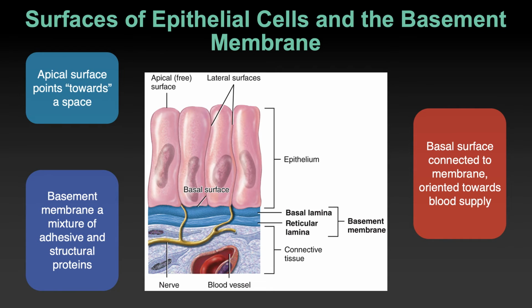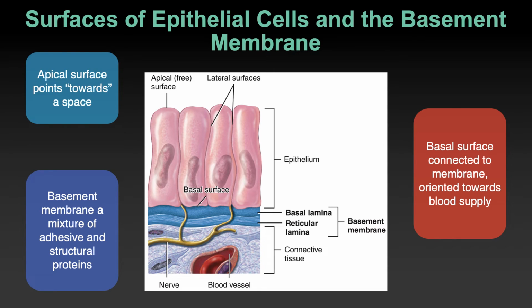And that basement membrane itself, you can think of as a structural sheet. There are various sticky proteins and structural proteins that make this flat surface where the epithelial cells can anchor, provides an attachment point to connective tissue, and it always intervenes.